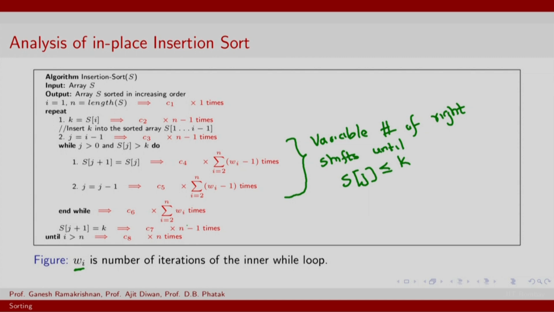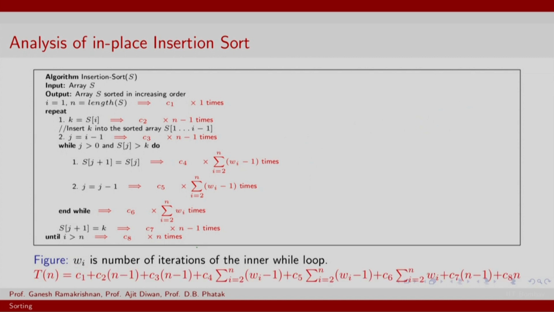Of course there is one more additional step, which is inserting k into Sj plus 1. So this gives us Wi minus 1, repeated n times, and finally once you have substituted Sj plus 1 equals k, doing this n minus 1 times, we can go ahead and sum up all these individual counts.